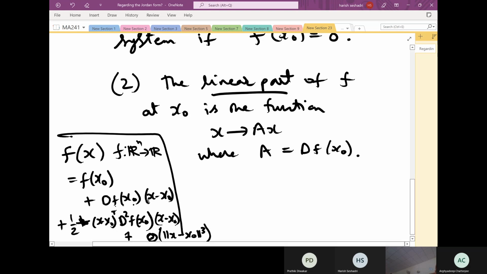So the first order expression in x minus x naught, you have to stop here. But since I've assumed that f of x naught is 0, this term doesn't appear. So the linear part is just this. X going to Ax is precisely this function. So that's what we have.